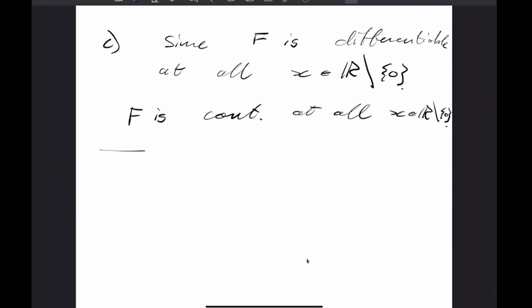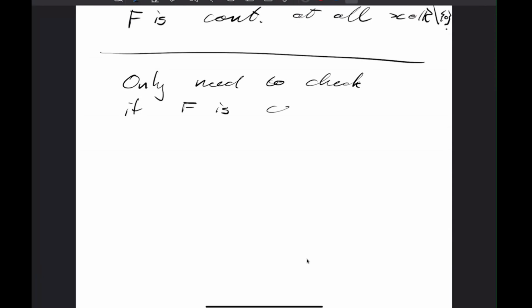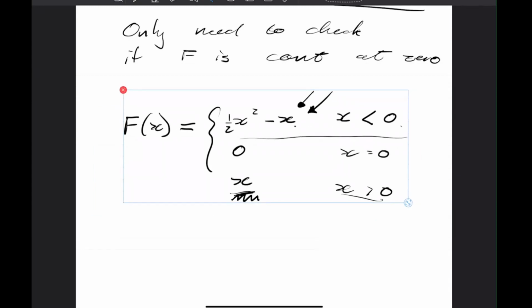Okay, so we only need to check if f is continuous at 0. Okay, so let us check that f is continuous at 0.